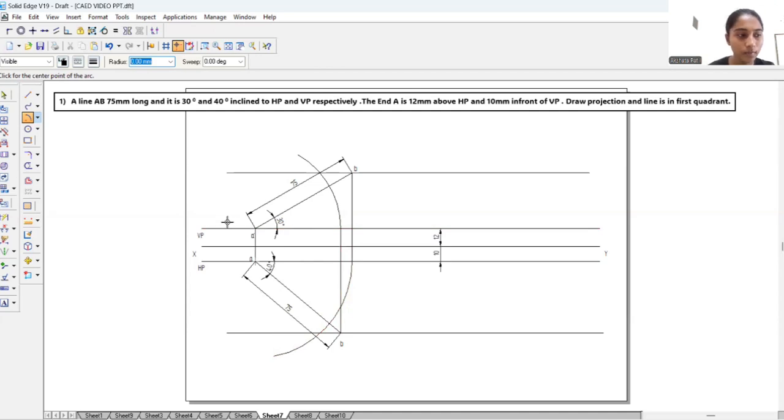So it is the true length. Then where it intersects with this line, from there we will take one line again up to A dash.